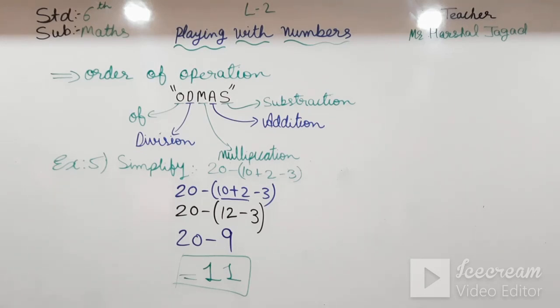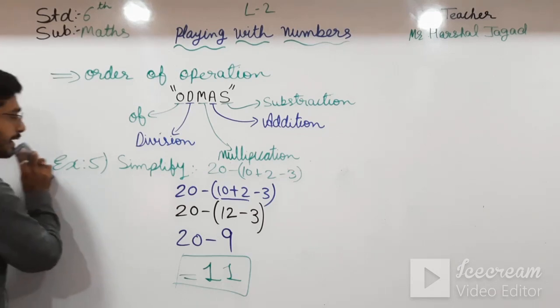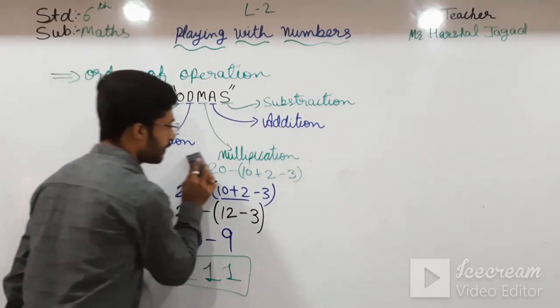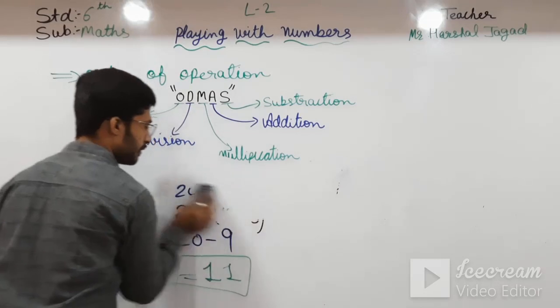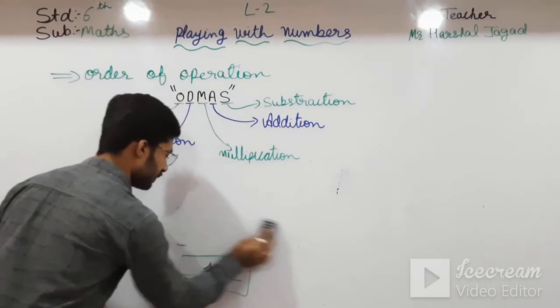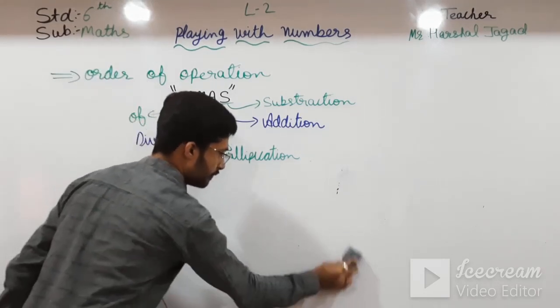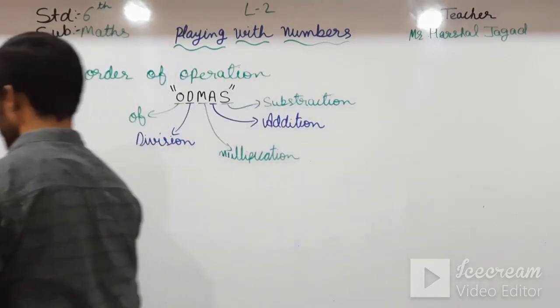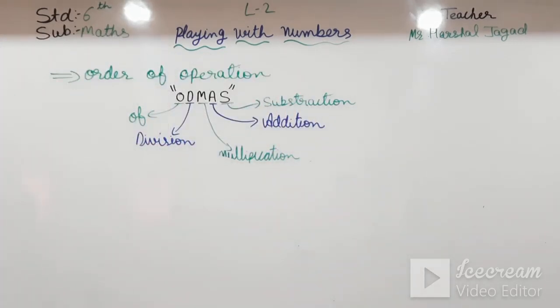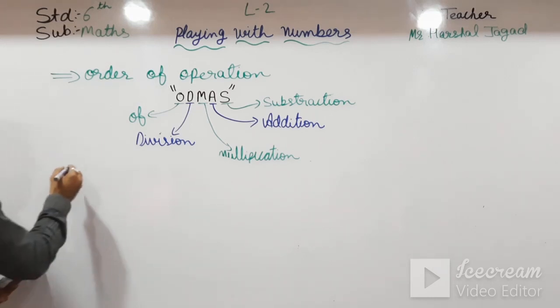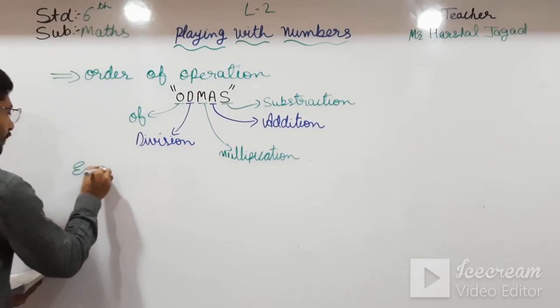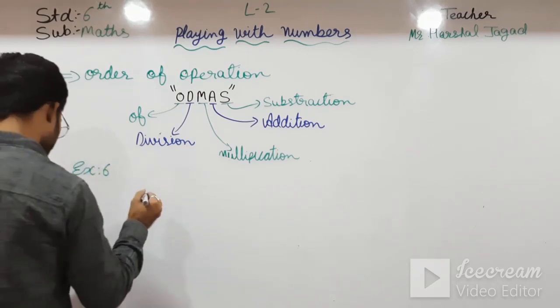Now going to the next example, that is example number 6. So I am writing the equation over here on the board, that is example number 6. Simplify.